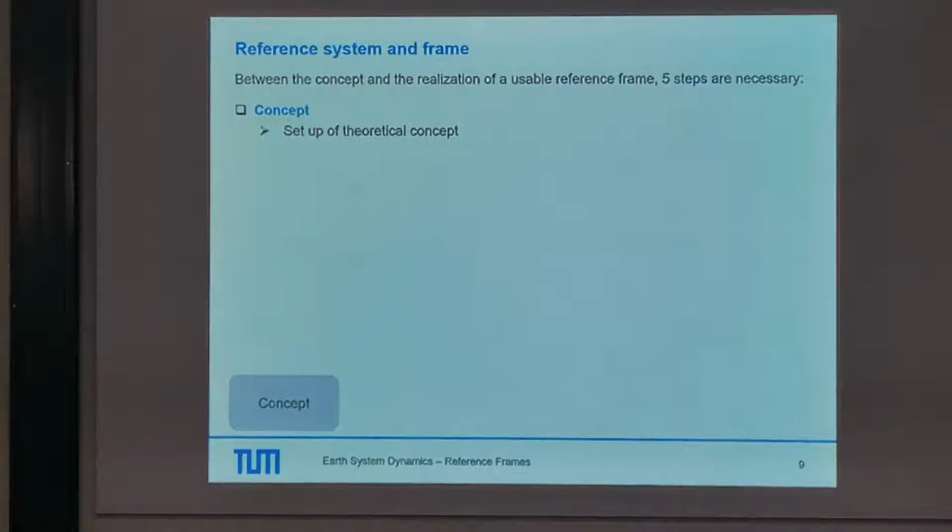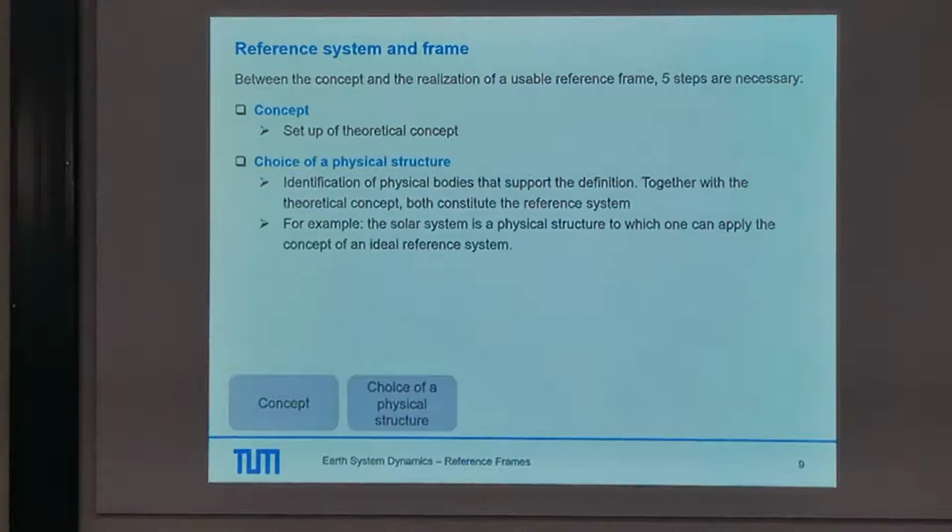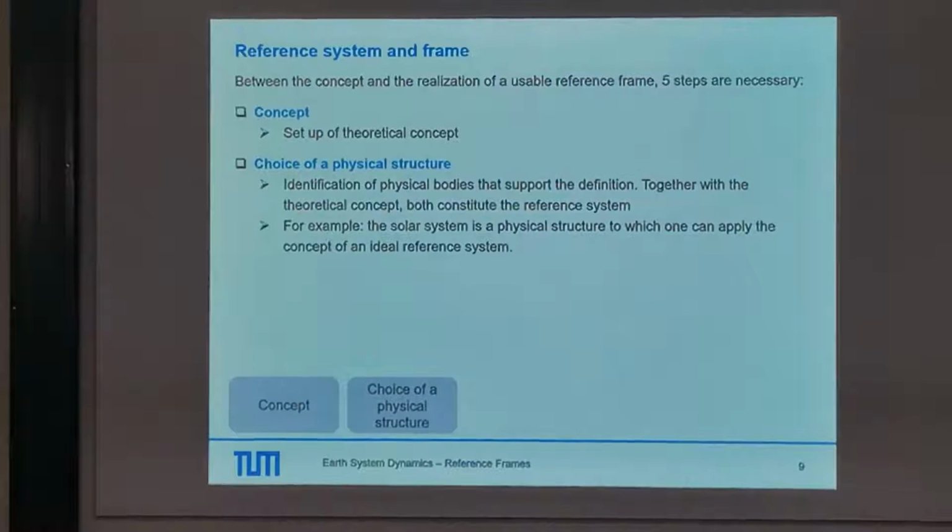So first of all, you have to set a theoretical concept, which means that you have to describe or think about what you want your reference system to look like. For example, you want to have a reference system for the solar system, or for the inertial system, or for the Earth body.